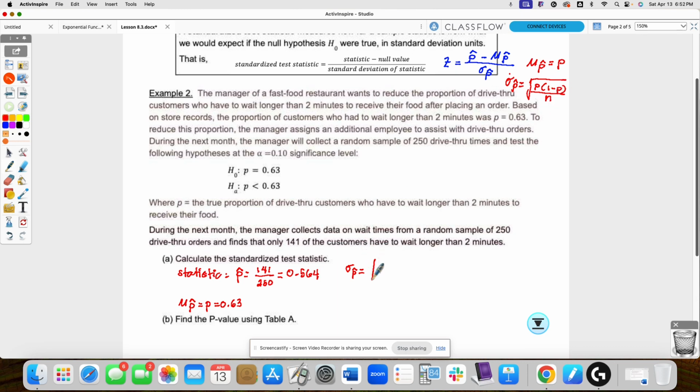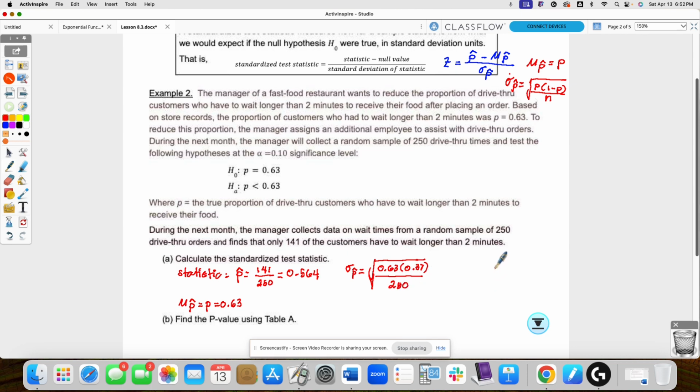So we'll just plug in square root of p. P is 0.63. And then 1 minus p is 1 minus 0.63, which is 0.37, divided by n. Our n here is 250. That should be included in the square root.